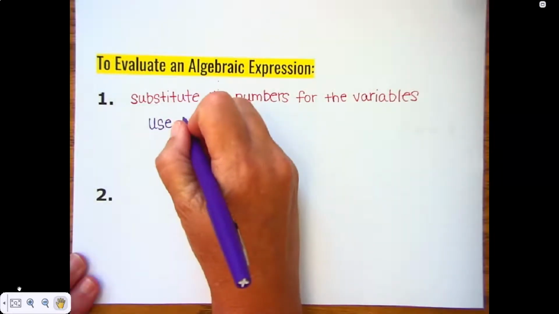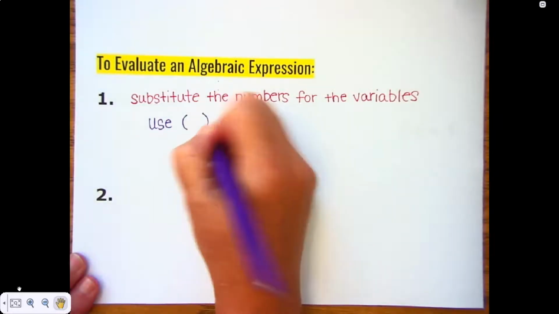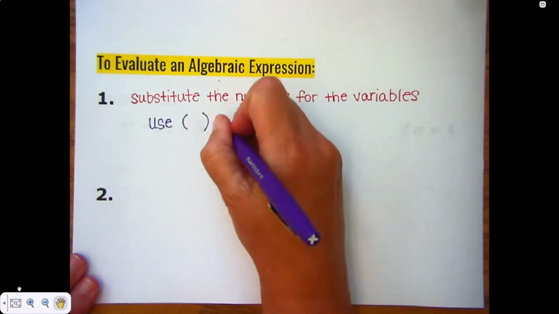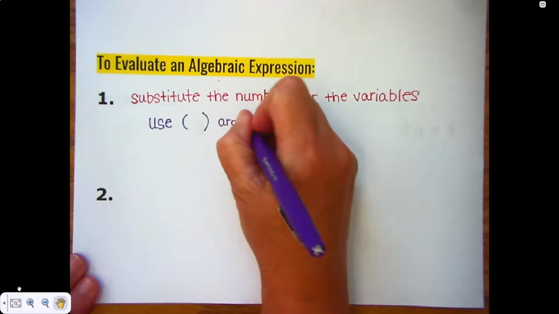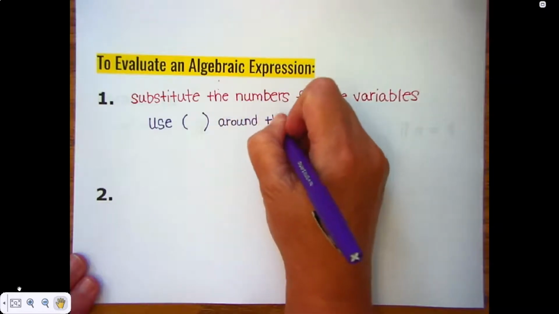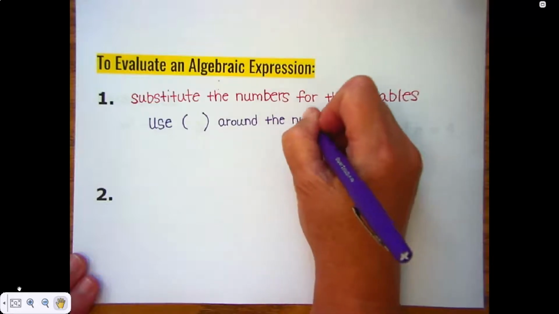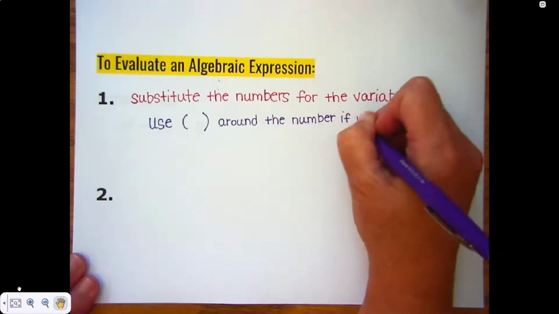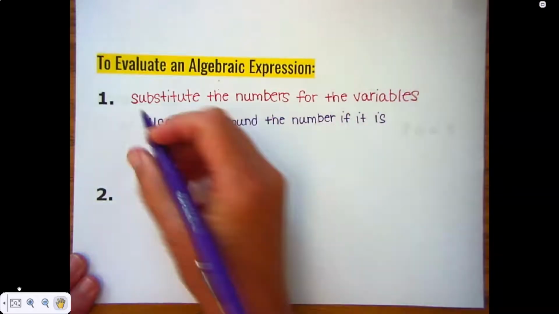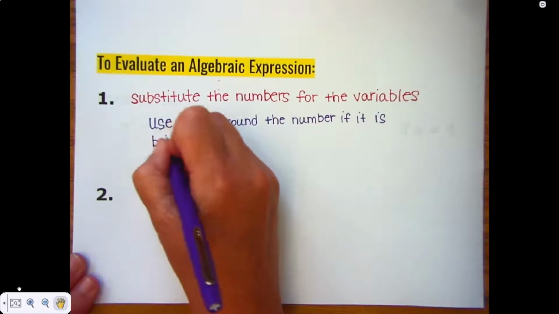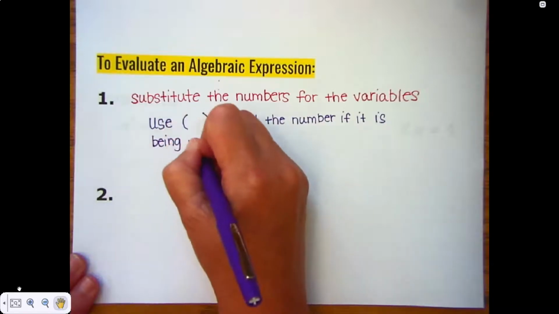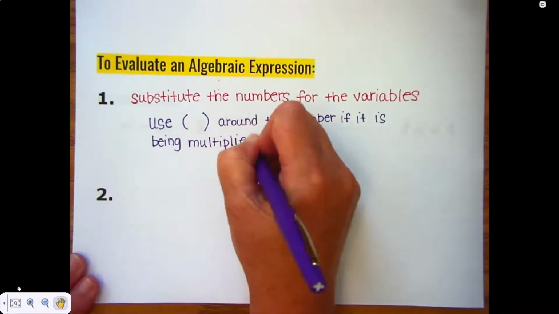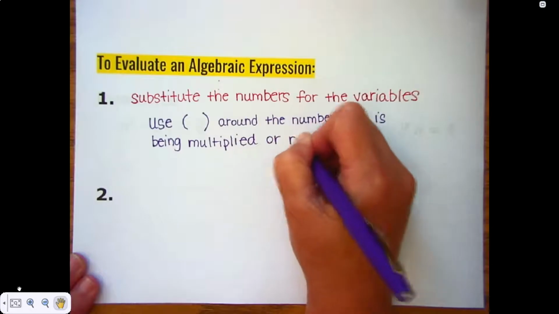Now, what I was getting ready to say is that you should use parentheses around the number if it is being multiplied or raised to a power.